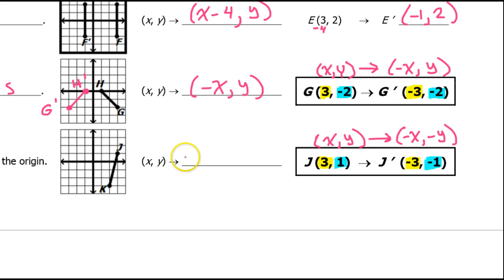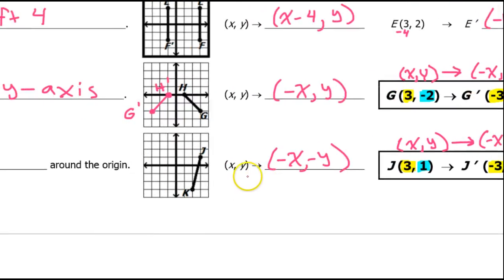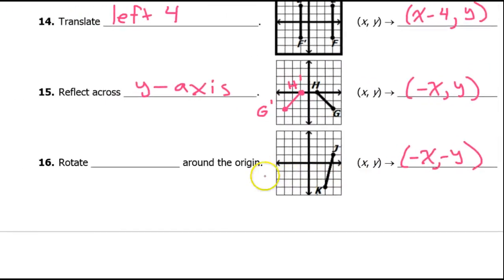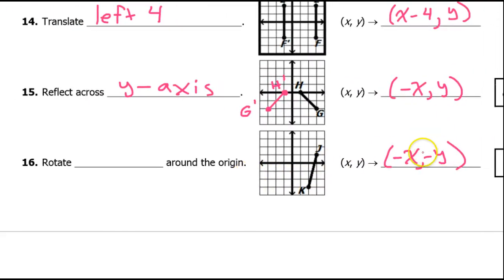So this is the rule, so I can go ahead and write down opposite of x, opposite of y. Now, let's think back to our memorization. We've memorized that this is the rule for a 180-degree rotation. So rotate 180 degrees around the origin. You just have to memorize that this is the rule for that.